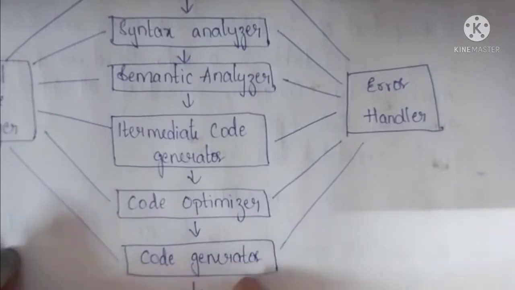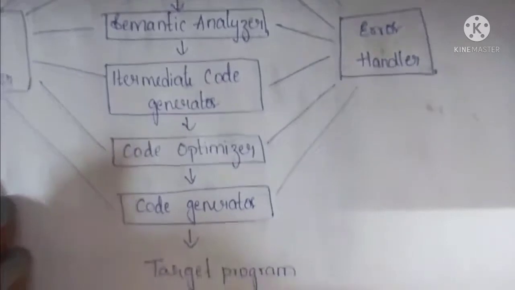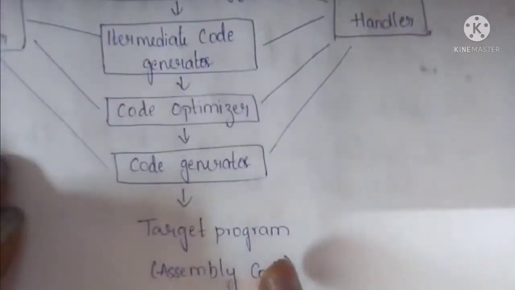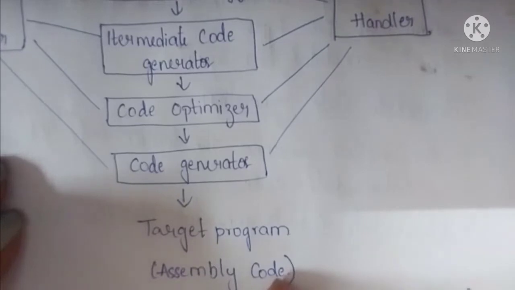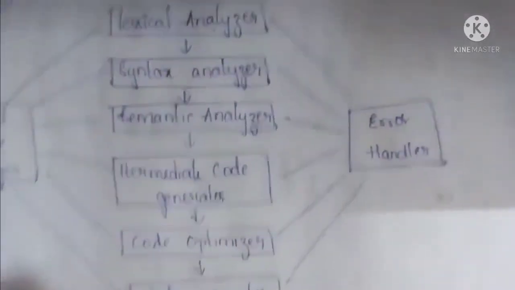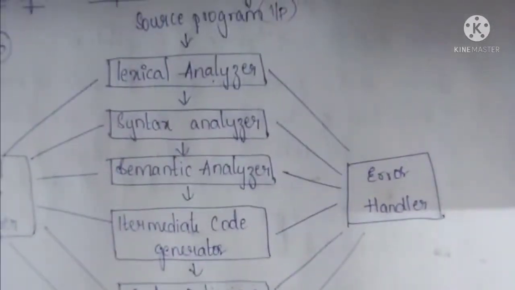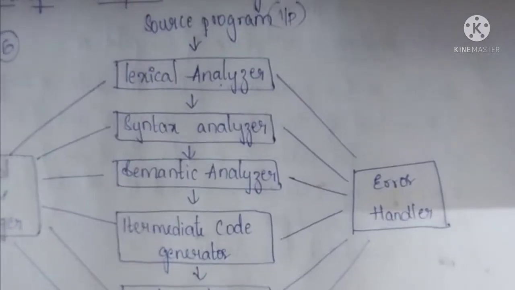After this code generator, we get the target program, which is nothing but the assembly code. So these are the 6 steps involved in the structure of a compiler.